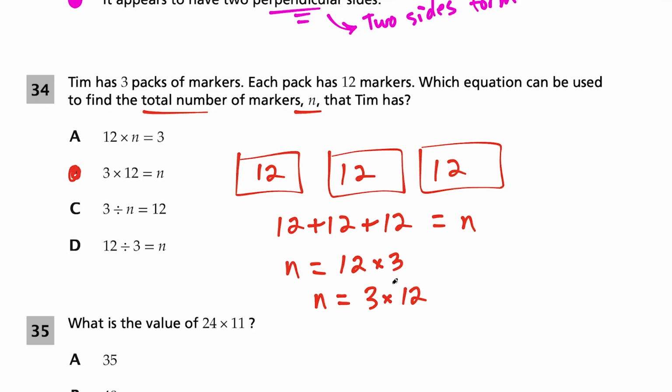Now, technically, we flip things over here like this, but if n is equal to 3 times 12, I could say that 3 times 12 is equal to n. You are allowed to flip the left and right side of an equal sign. You could just move the terms like this. I just move everything on the left to the right, and everything on the right to the left. I just make a swap, and that shows us that choice B is our answer.